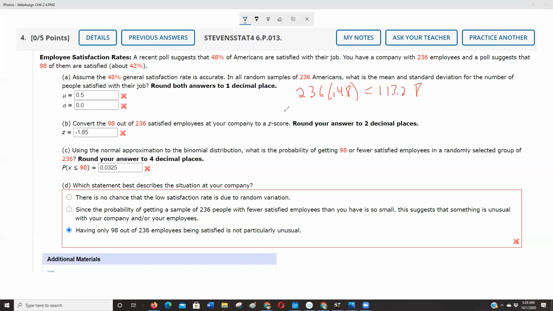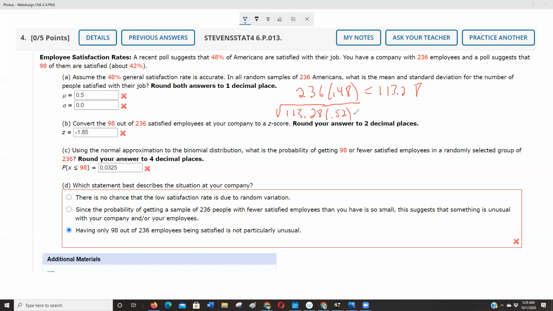And then to get the standard deviation, remember that's the square root of n times p times q. I've already done the n times p, so all I've got to do is multiply that by 0.52, because that's 1 minus the 0.48, and then take the square root.